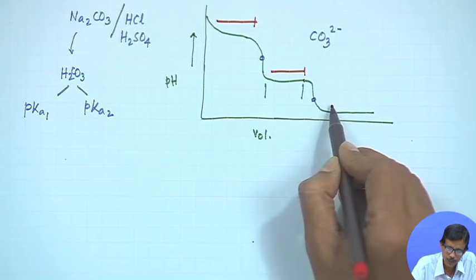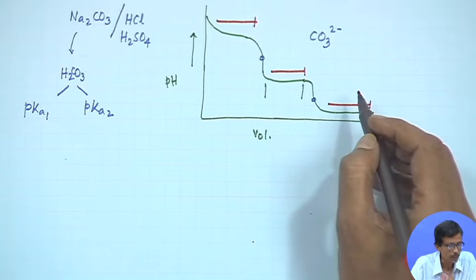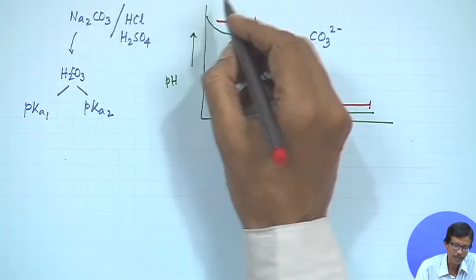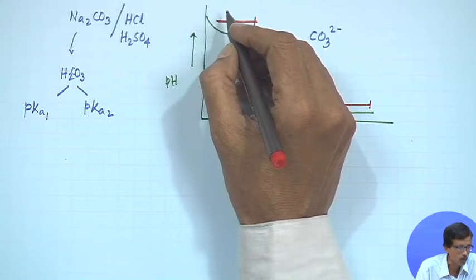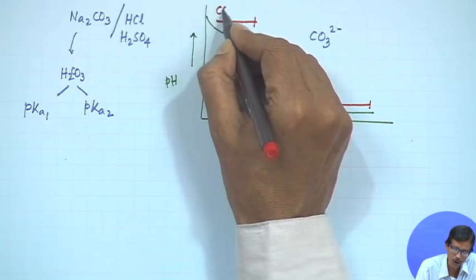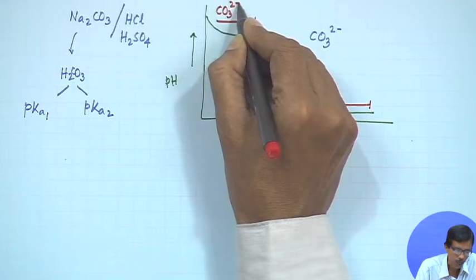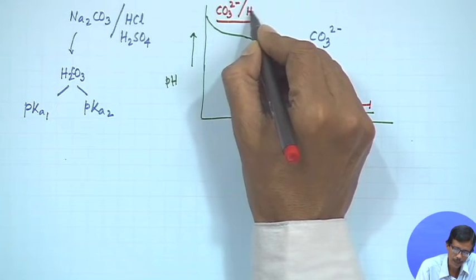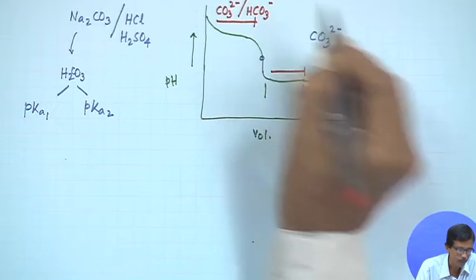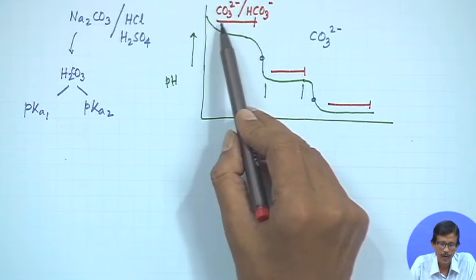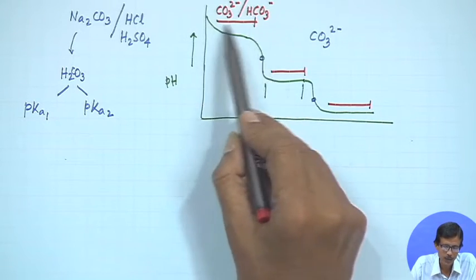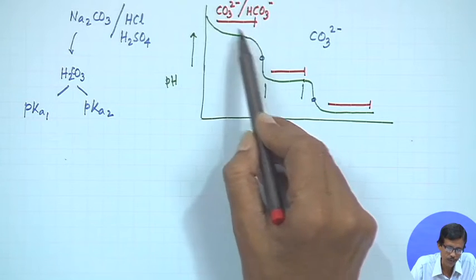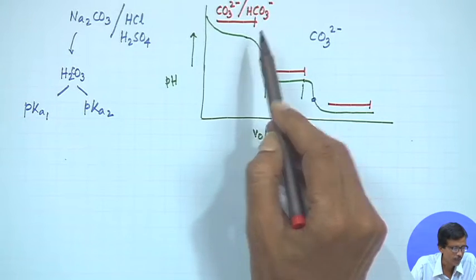These horizontal positions will be controlled by the corresponding equilibrium concentration of carbonate ion and bicarbonate ion. So, the equilibrium between carbonate and bicarbonate will dictate the corresponding change in the pH value in this horizontal position.